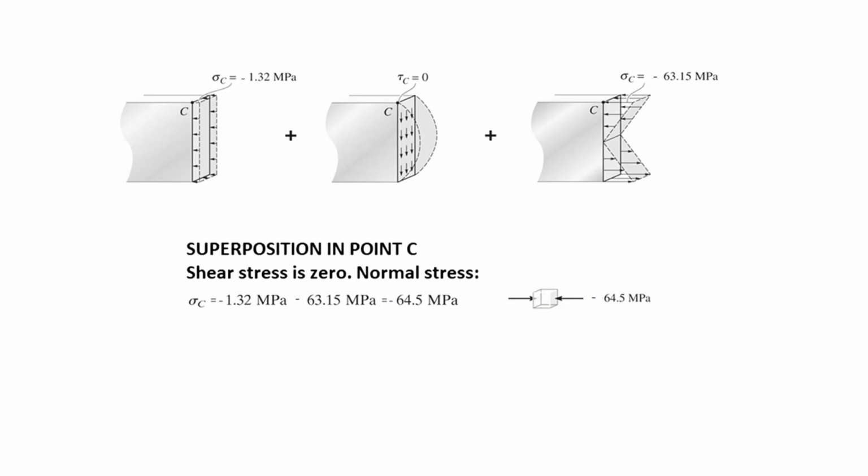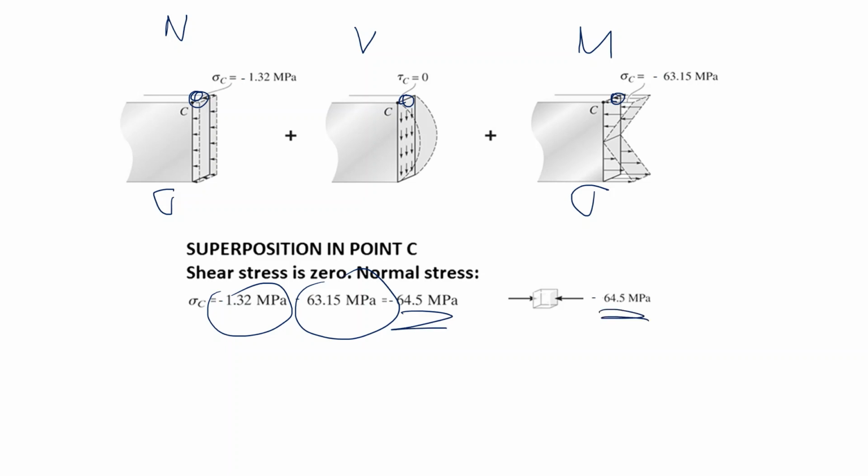I have everything: normal, shear, bending, and for point C, I can make a superposition, or for any other point, you can do the same. In point C, sigmas are minus 1.3, minus 63, altogether minus 64.5.